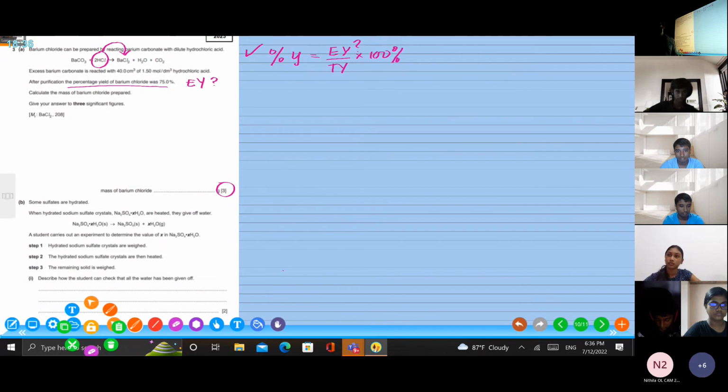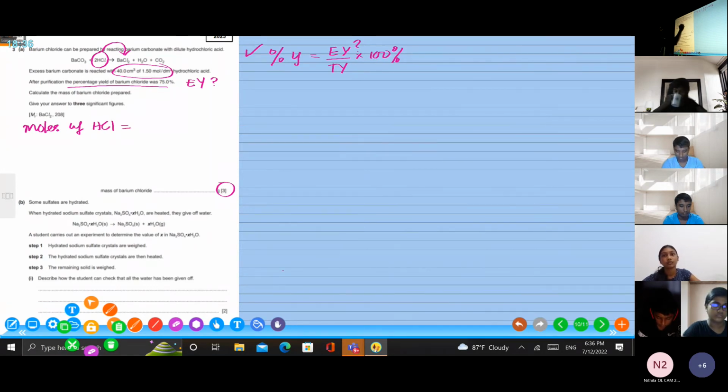The percentage yield is given, so what is missing? Theoretical yield. In order to find the theoretical yield, they have given this data. So you can find the moles of barium chloride by using the moles of HCl.